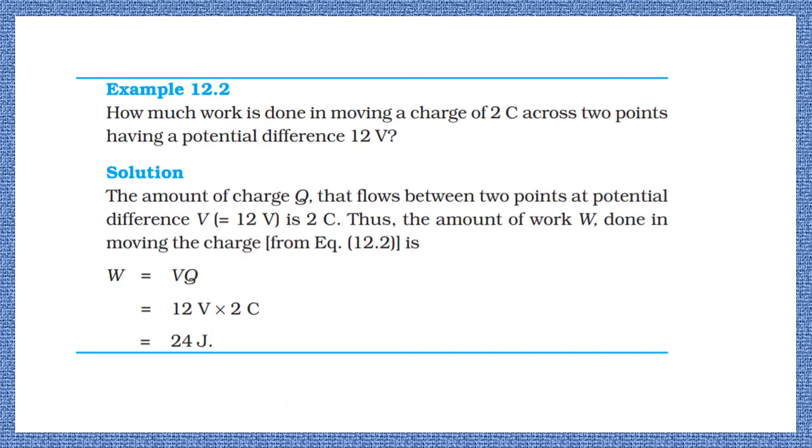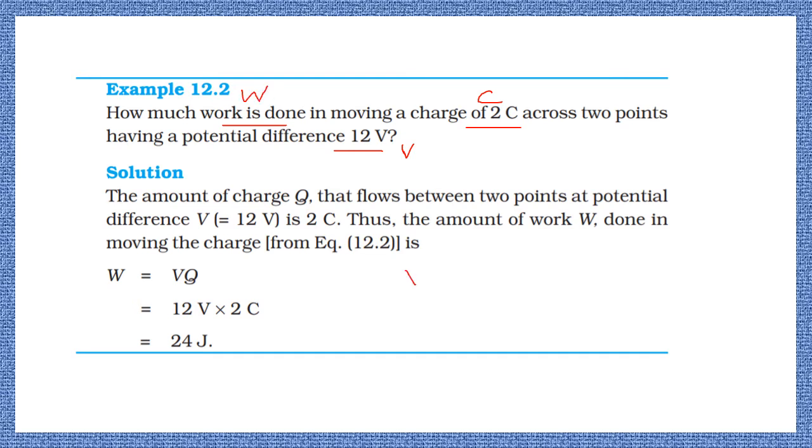Here is example 12.2. Let me read the example for you. How much work is done in moving a charge of 2 coulomb across 2 points having a potential difference 12 V? V is equal to 12 and Q is equal to 2, and you have to find out work. Very simple.